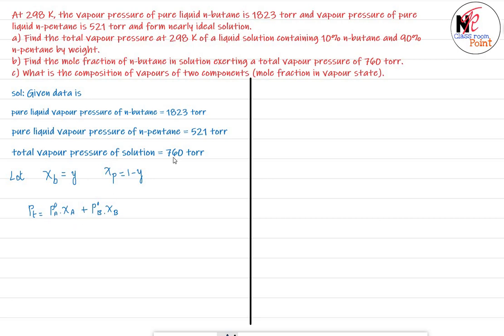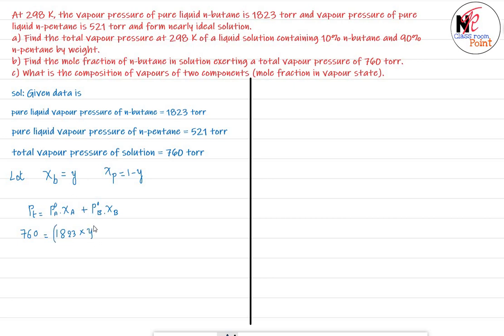The total vapor pressure they mentioned is 760 torr. So 760 torr equals P naught A, butane, 1823, into the mole fraction of N-butane, which we have considered as Y.